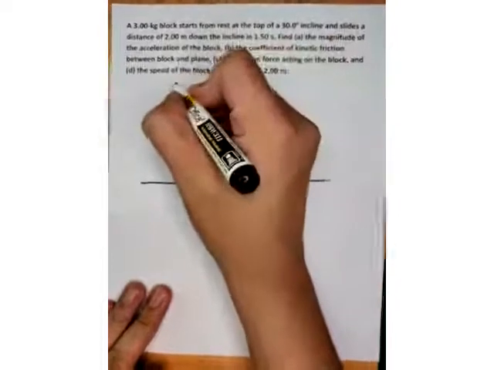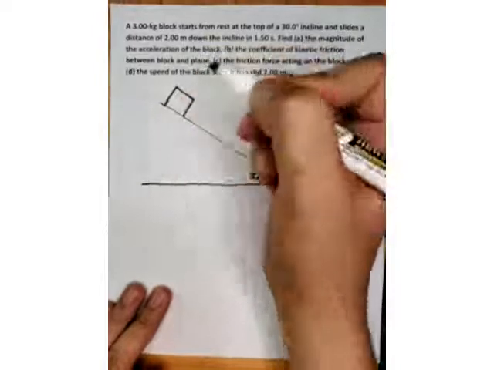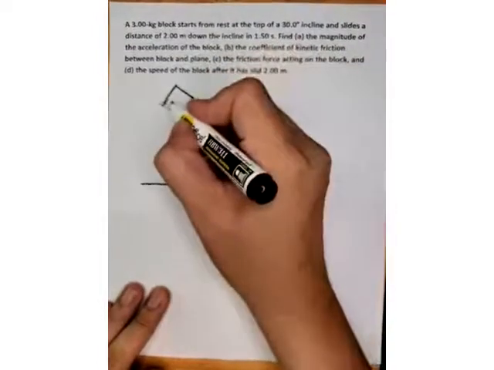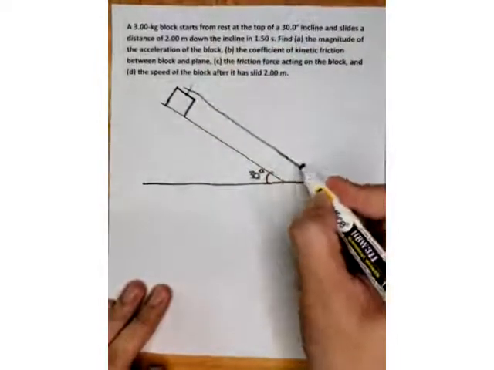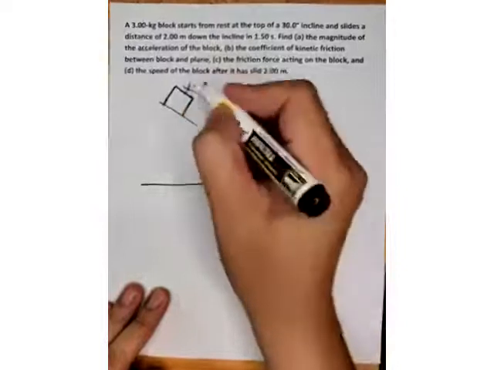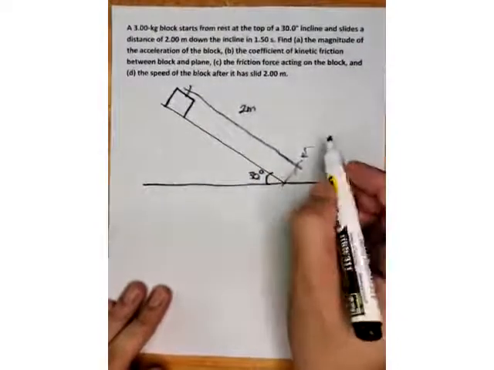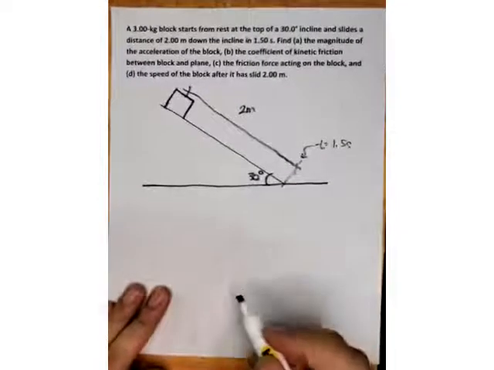So, sabihin na natin nandito siya. So, ito yung block natin. And it will slide 2 meters down the incline. So, mag-slide daw siya dito ng 2 meters. Sabihin na natin yung buo ay 2 meters. At yung time para ma-travel niya yung 2 meters is 1.5 seconds.